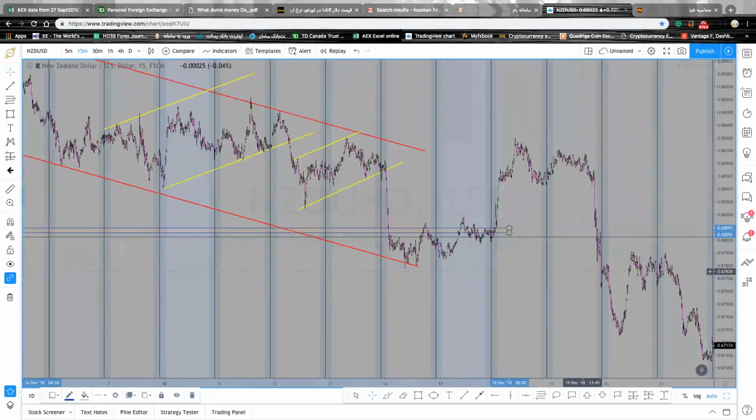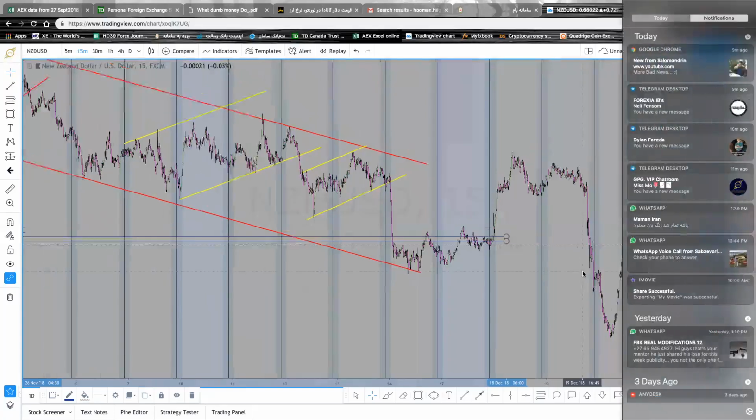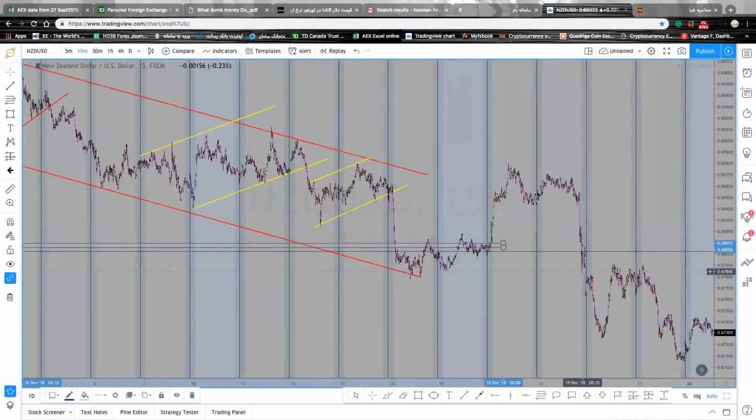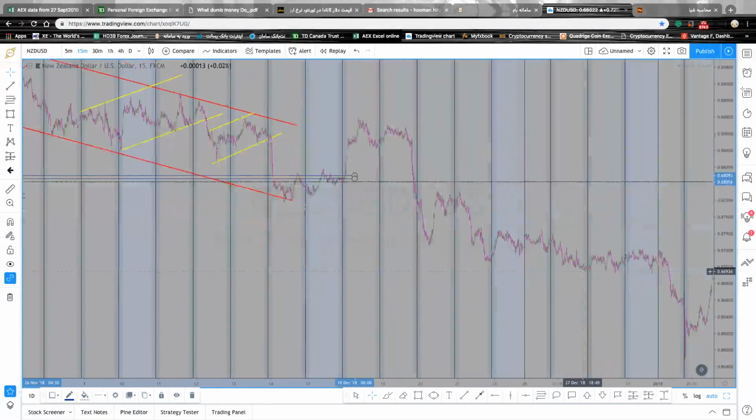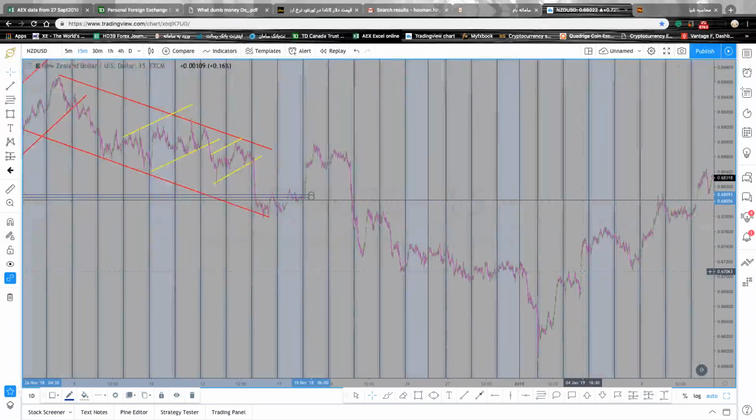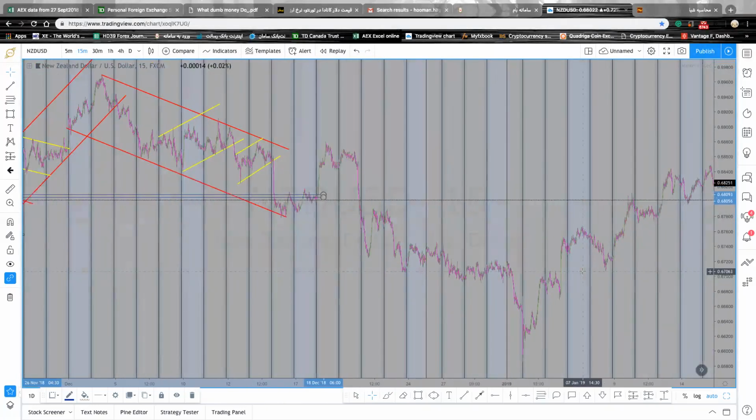So this was a trap too, and then the market continued going down. So in a case like this, you don't need to find a reason, pump and dump. This is not pump and dump here. This is price wanting to go down up to here.